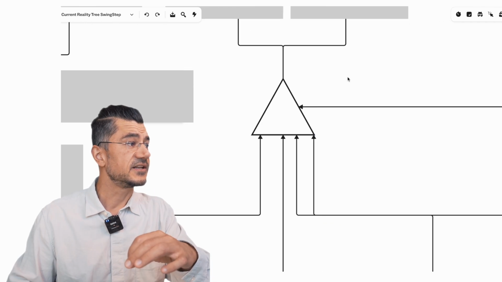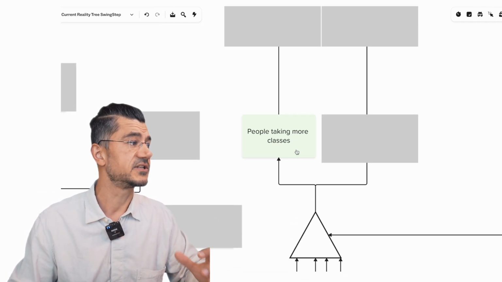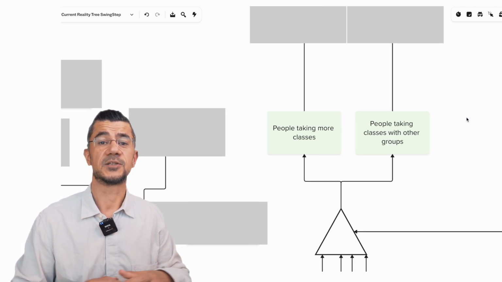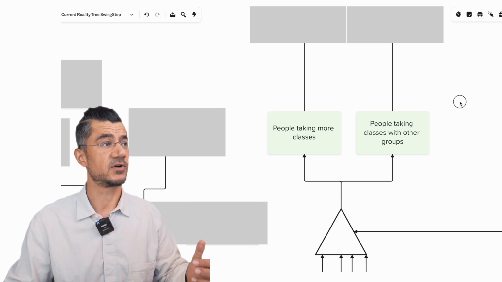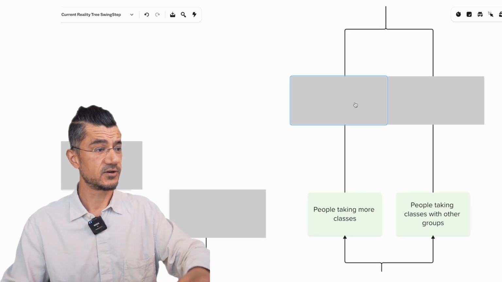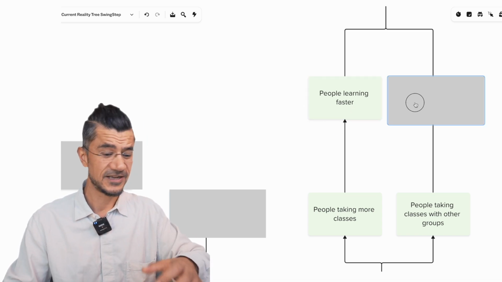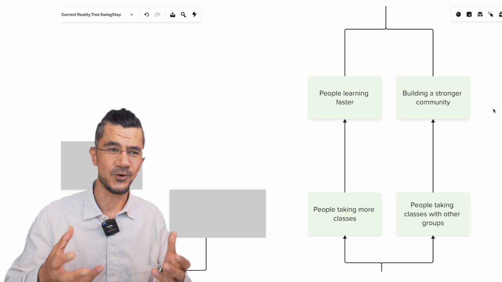Now, feeding this into the reality tree, we realized that we can invite people to take more classes and even take more classes with different groups. So really spread out and get to know people across different levels and different groups. This helped people to learn faster, and this helped people to build a stronger community as a whole.